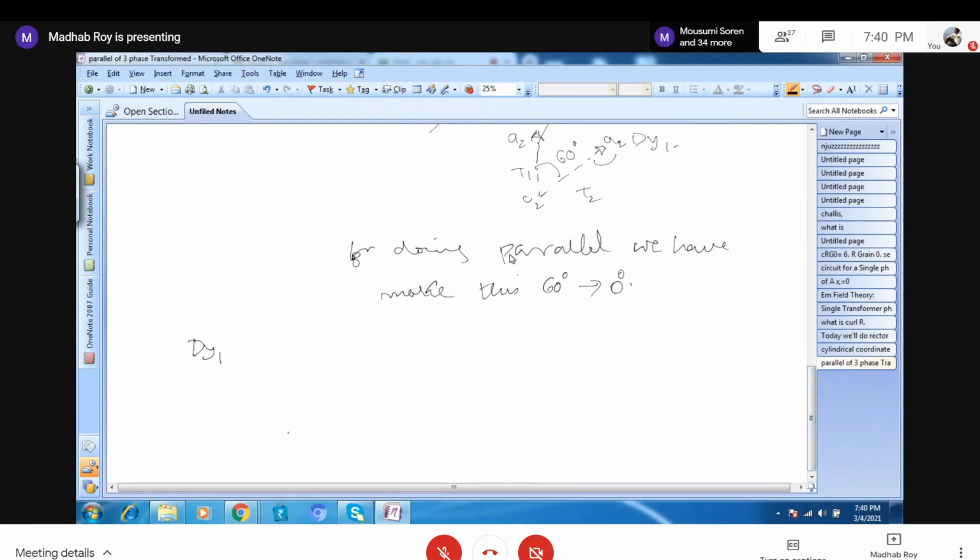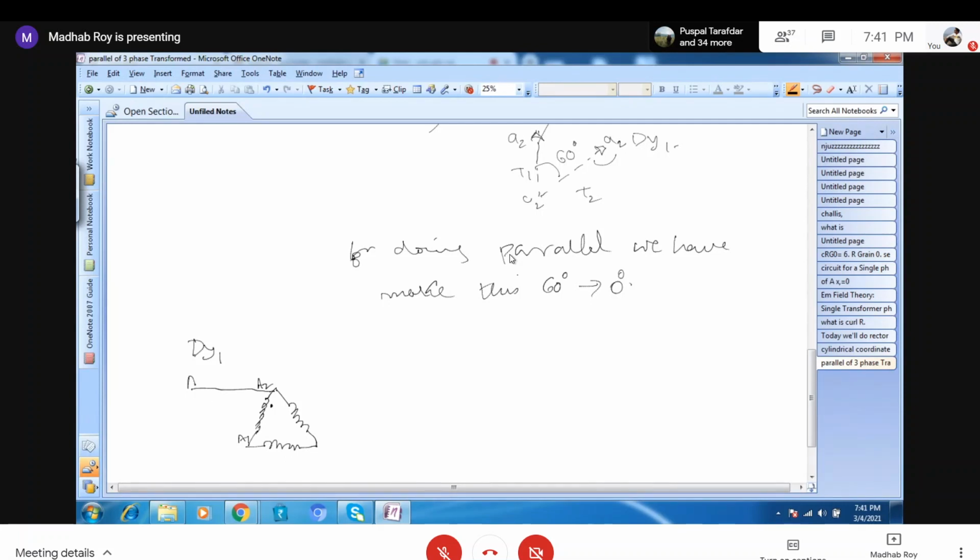So what was the phasor? The phasor was this DY1. Secondary you can draw. If we draw the DY1 secondary, that was the primary. So in DY1, this is A2 and this is A1. This is the dot polarity, so thereby we have applied.